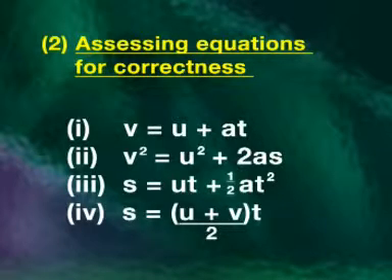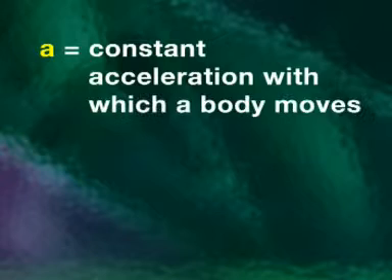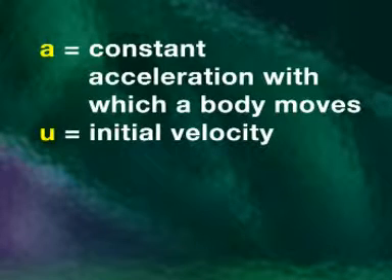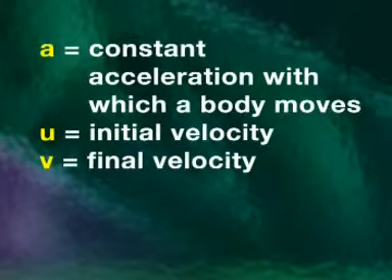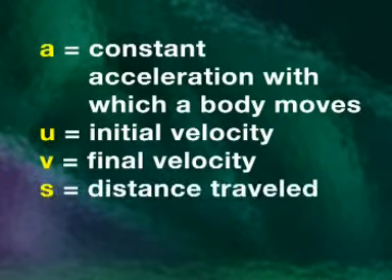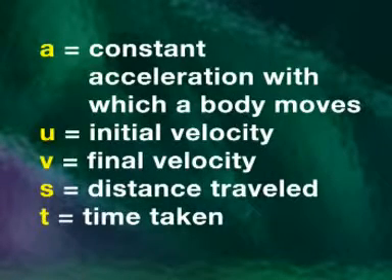S equals U plus V all into T divided by 2. Where A equals constant acceleration with which a body moves, U equals initial velocity, V equals final velocity, S equals distance traveled, and T equals time taken.